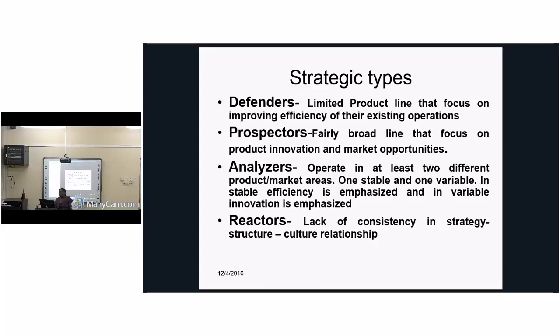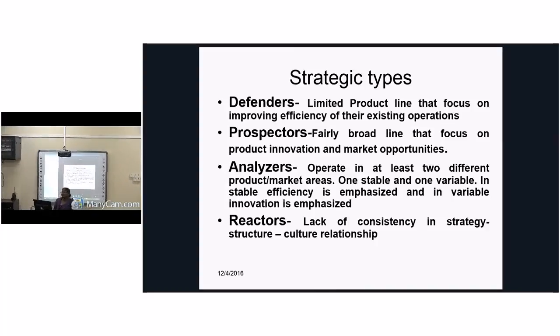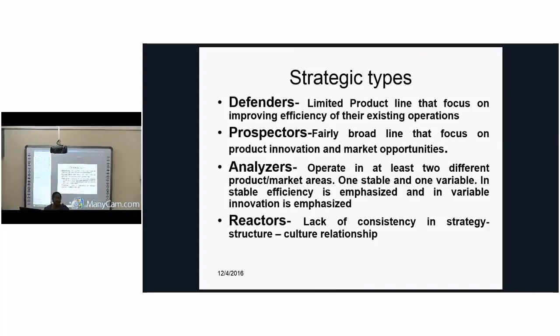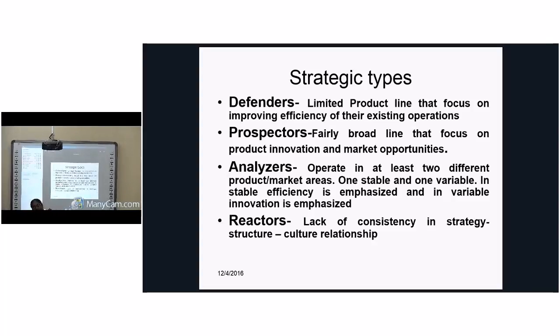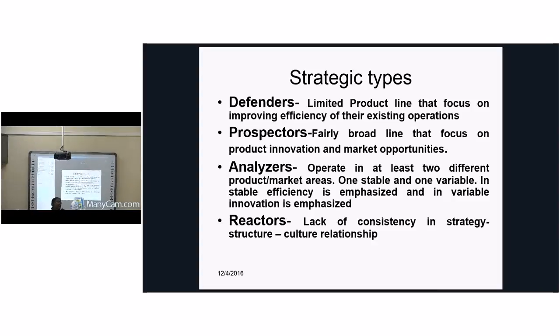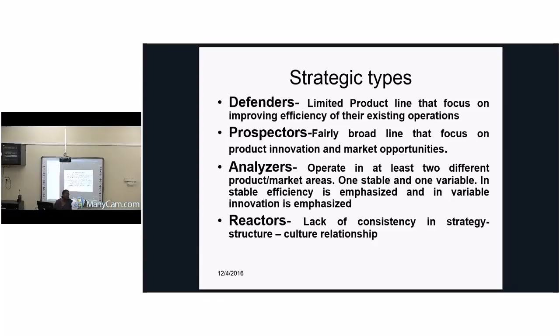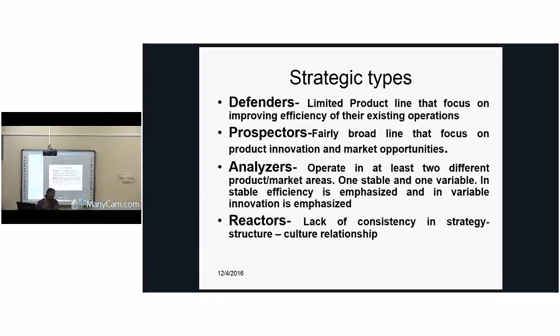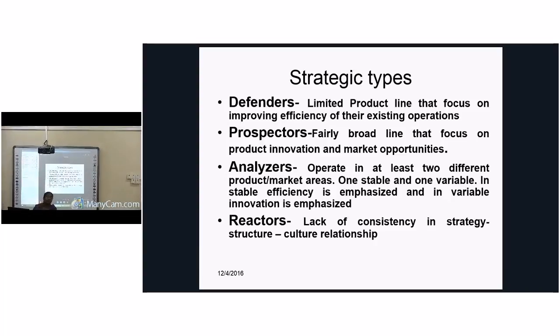And prospectors, fairly broad line. They have a fairly broad line that focus on product innovation and market opportunities. So there are firms that are having a fairly broader product line, say powder milk, fresh milk, butter, cheese and some other products. So they are called prospectors.